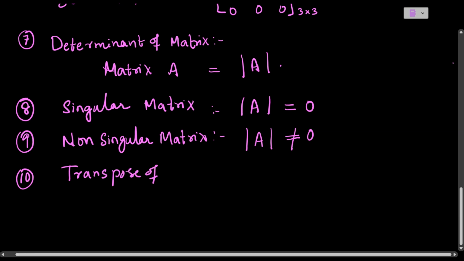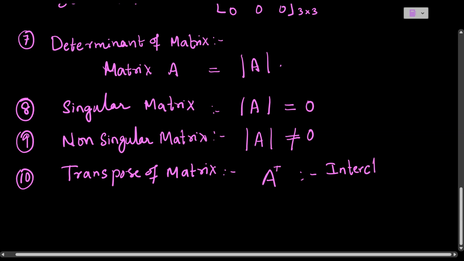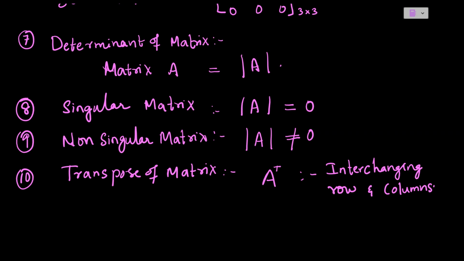It is denoted by A power T, and it is given by interchanging rows and columns. Did you understand, students, all the types of matrices?